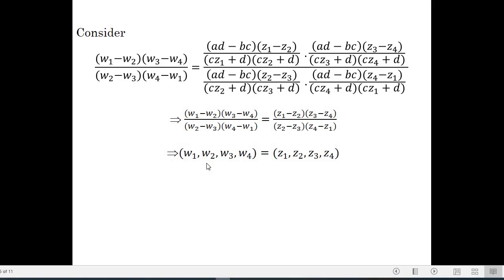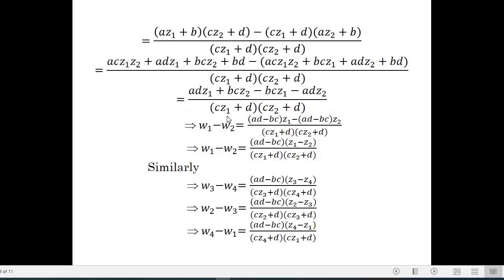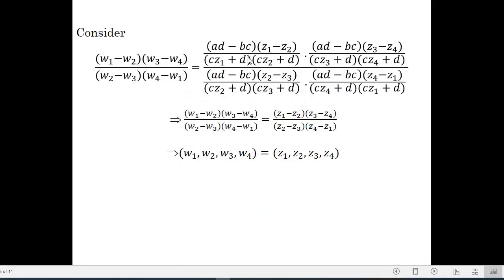That is equal to, what is W1 minus W2? We have found it out. W1 minus W2 means this is the term. Substituting this term here: AD minus BC into Z1 minus Z2, whole divided by CZ1 plus D into CZ2 plus D, into, what is W3 minus W4? Same, replace Z1 and Z2 by Z3 and Z4.